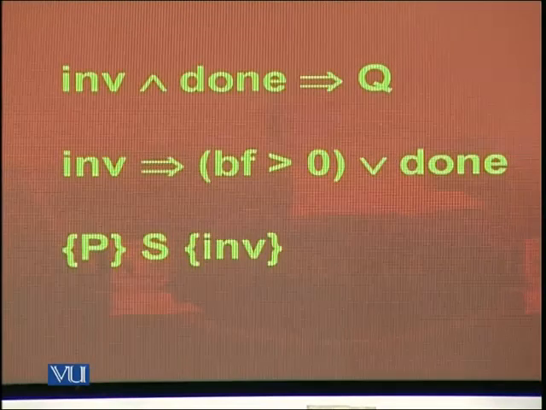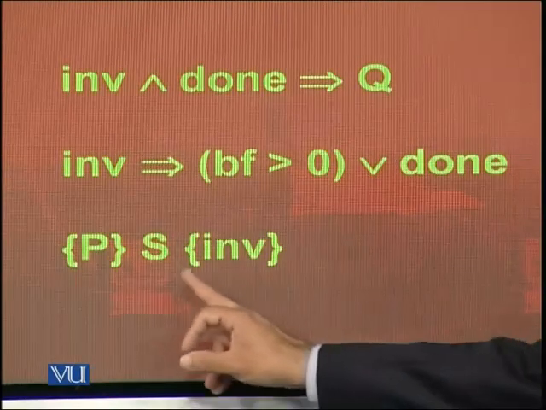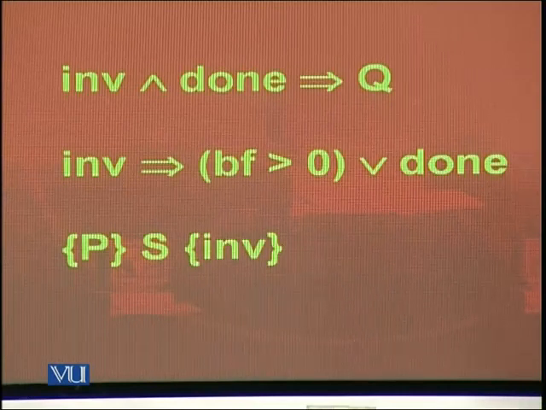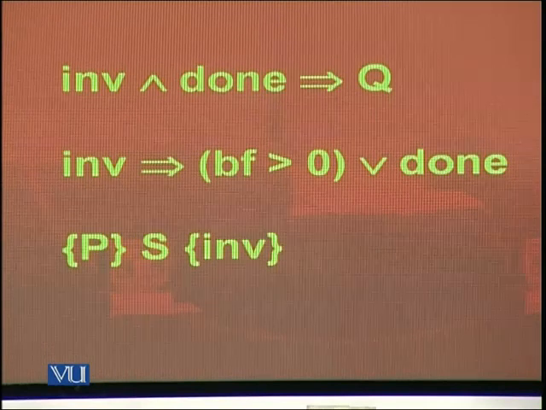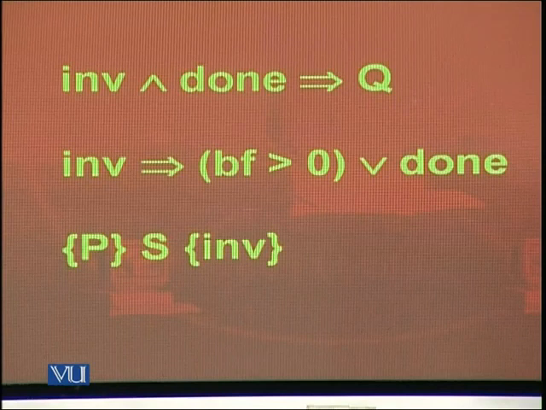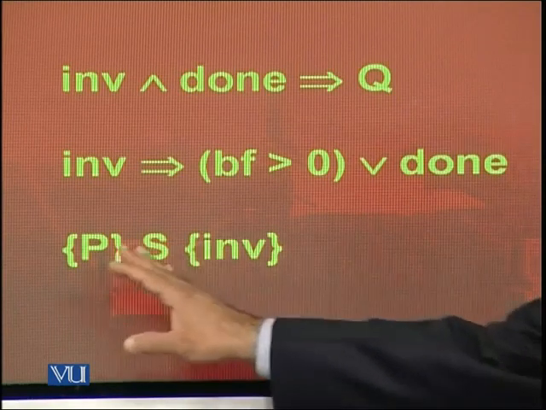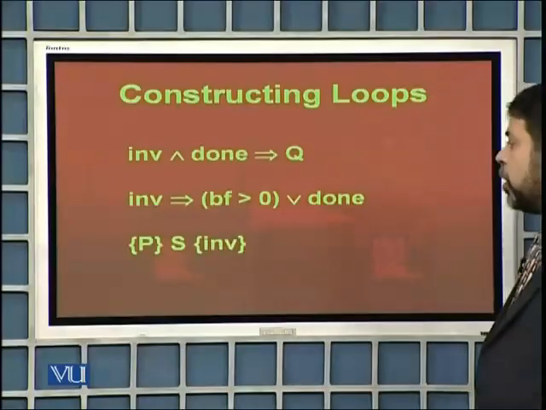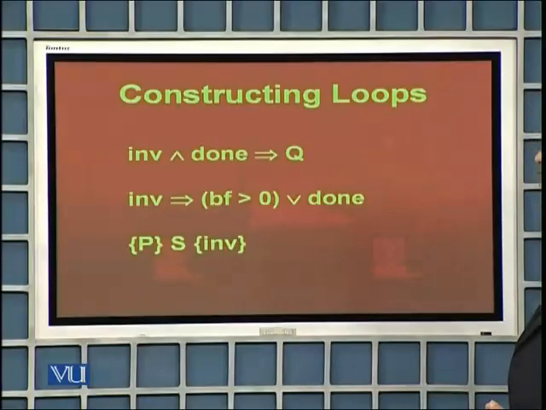And finally, this is our initialization statement or set of initialization statements. Our precondition should give you the invariant after you have executed this set of initialization statements. So this is the relationship between the precondition P, the invariant, and our initialization statement.